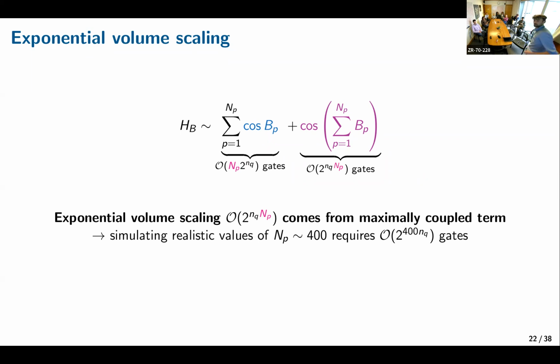Certainly for one as complicated as the cosine of this, but for example, if you just had this squared, then it would be quadratic in the volume, because if you just take the sum and square it, you only get bilinear terms. So you only ever have products of magnetic operators at two sites. But because this cosine contains all powers of the sum, you get all possible product terms over the entire lattice.